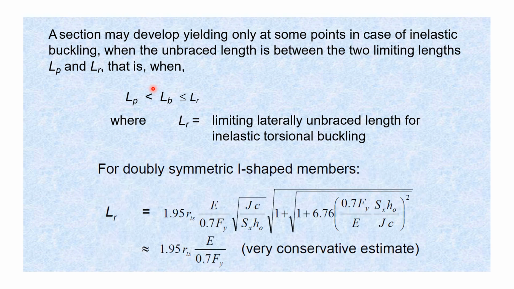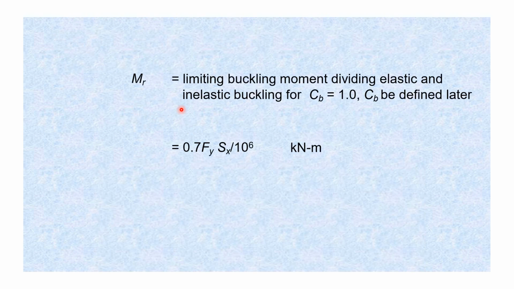So what is LR? How will it be calculated? For a doubly symmetric I-shaped beam, here LR, we will use in the calculation the simple and conservative approach, 1.95 RTS E over 0.7 FY. Then in the examples, we will see this formula in detail. Now I am just explaining the limits when our lengths are between these.